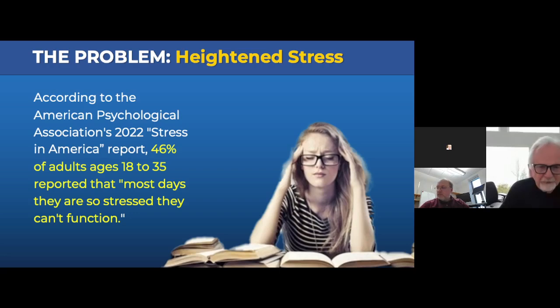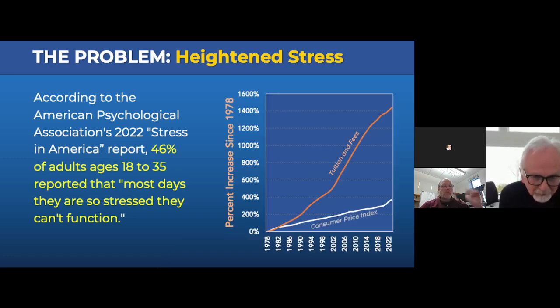The first of which is the cost of education, I mean. So the orange line here is the rate at which tuition and fees have been going up since 1978, which is when I began my job at the University of Michigan. And the consumer price index has been going up, but nowhere near as fast.